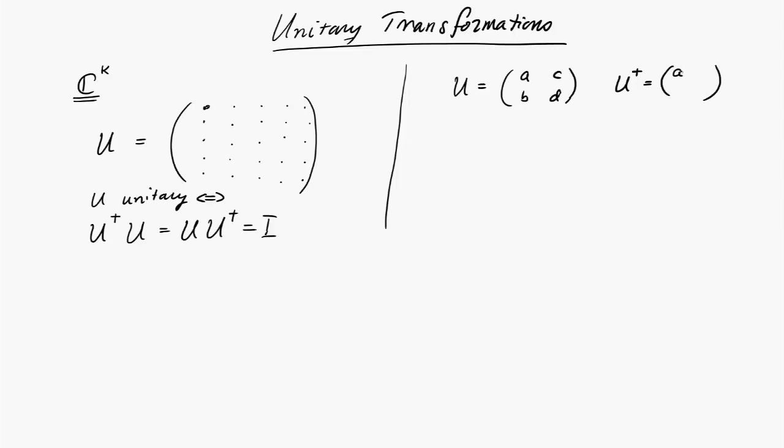So you'll replace A by A conjugate, D by D conjugate, and then you take the transpose of the matrix, meaning the off-diagonal entries are transposed to the other side. You flip them. So C goes down here, but it's not C, but C conjugate, and B goes up here, but it's B conjugate.